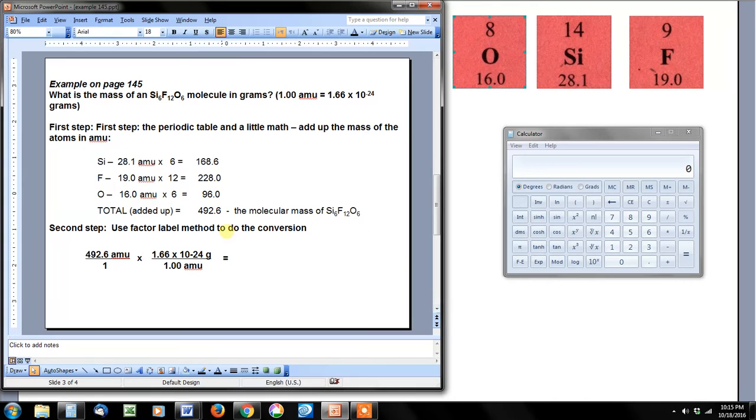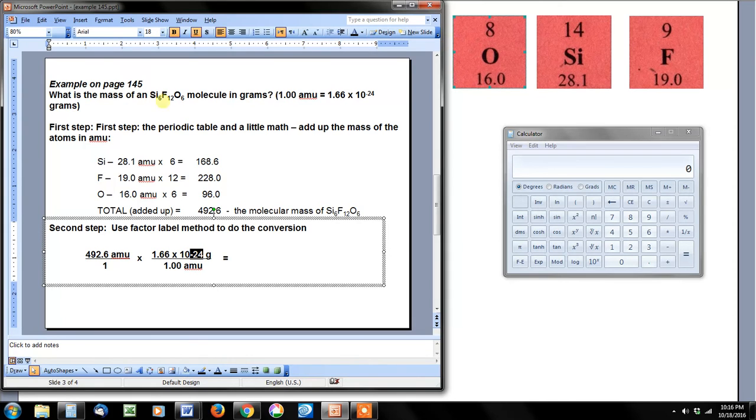So the next step is we're going to use our factor label method. And again, whatever you're given, in this case it's 492.6, so you weren't given it, but you figured it out. You're going to put 492.6 AMU, the mass of this molecule, over 1. That's what we're always going to do. We're going to multiply that by this conversion factor.